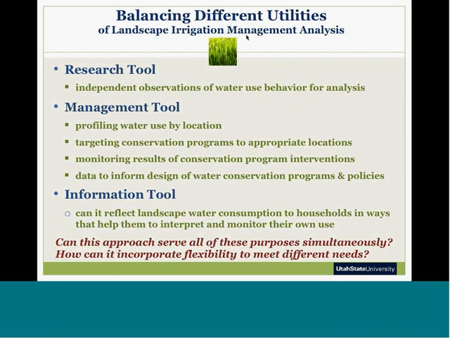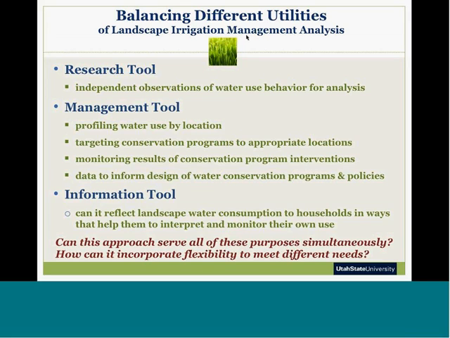On our end, we've been balancing different utilities that we see in this tool. We developed it initially as a research tool, and it gave us this powerful independent observation of human behavior used in our analyses.